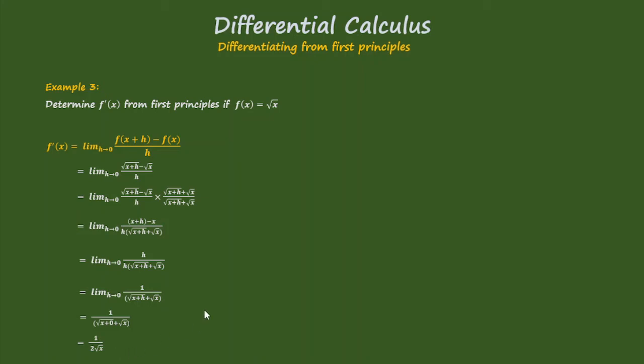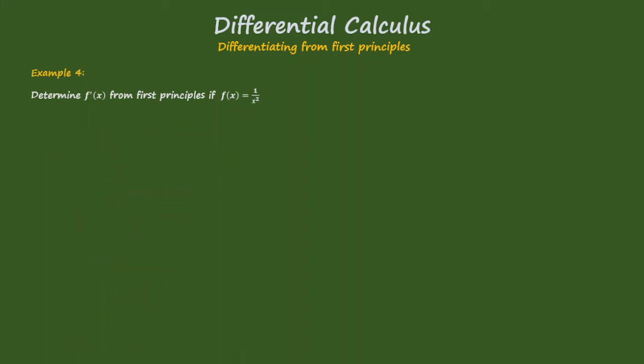As the last problem, let us try a situation where x is the denominator. Let's say you've been given f at x equals 1 over x squared. Even here you can pause and try it yourself.